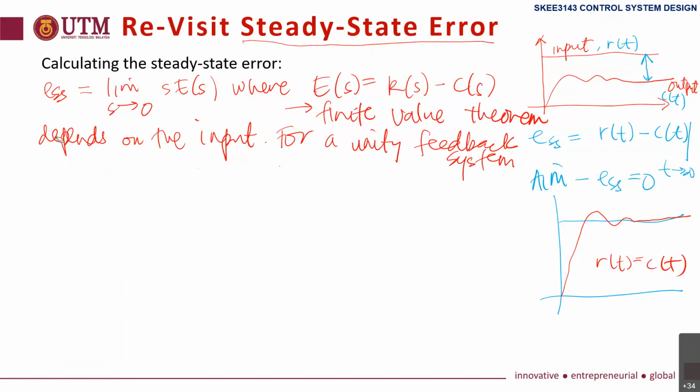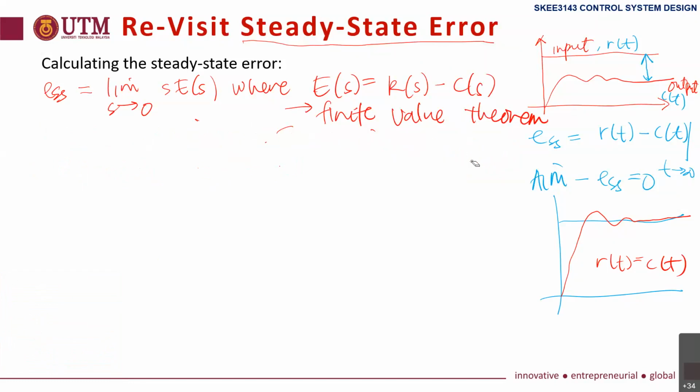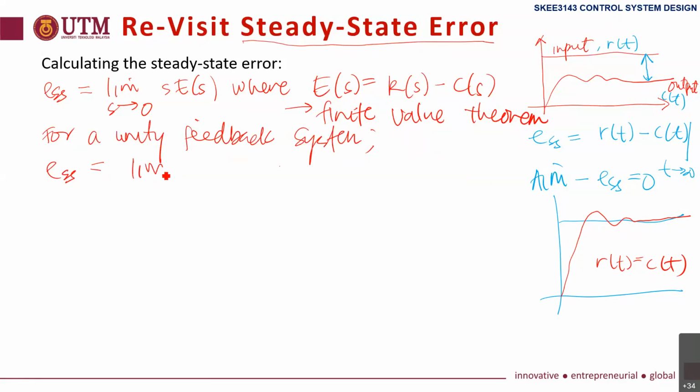For a unity feedback system, error can be summarized into limit s to 0, s multiplied with R(s) over 1 plus G(s). Okay, please look into your notes, your previous notes.